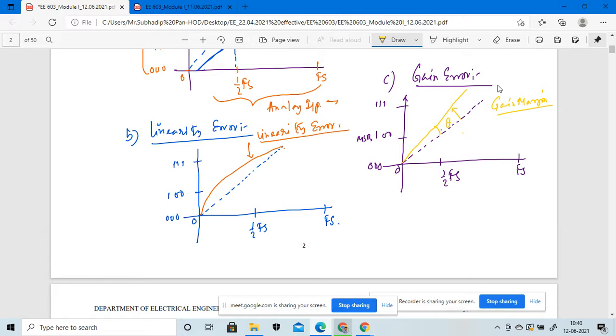This will be the gain of my error if the converter is under the ideal mode, so that will be my gain of operation, the gain during operation. If we consider the angle between the linearity and the gain, it should be theta, which is considered as the gain margin.